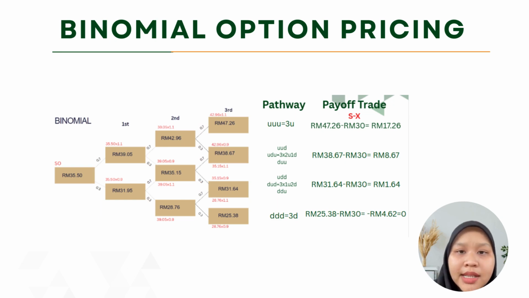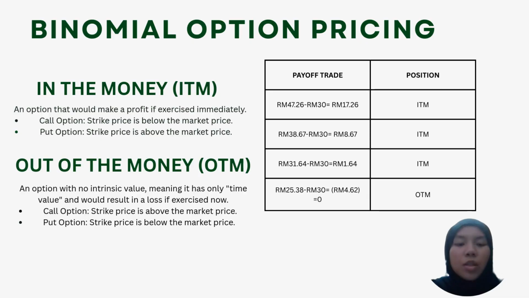We would never exercise our right to buy a stock for 30 ringgit if we could buy it on the open market for 25 ringgit and 38 cents. Therefore, we let the option expire, and the payoff of negative 4.62 is ignored and corrected to 0. So next we will move on to how to determine the position of the payoff trade.